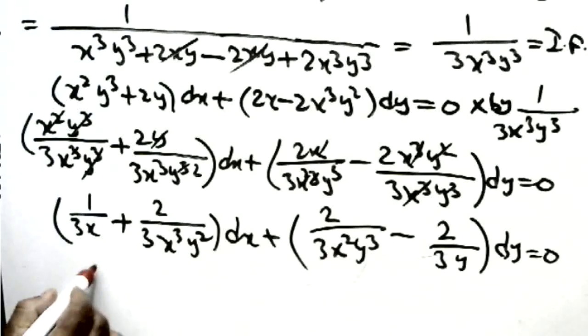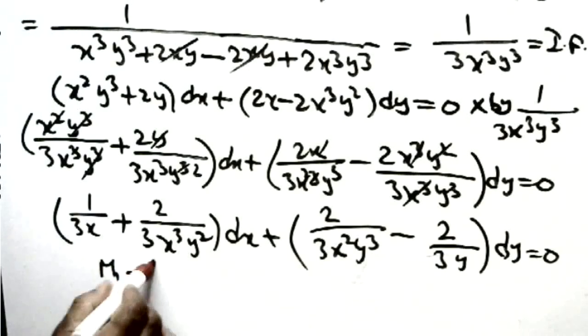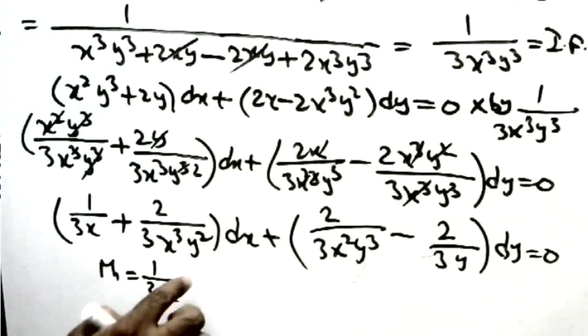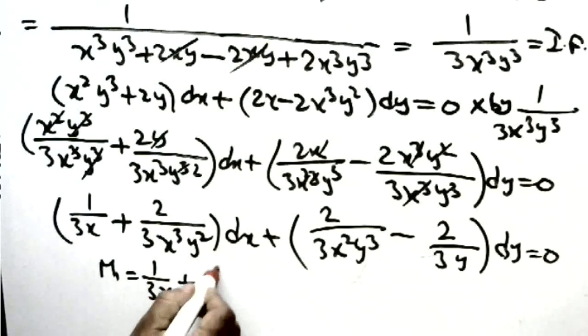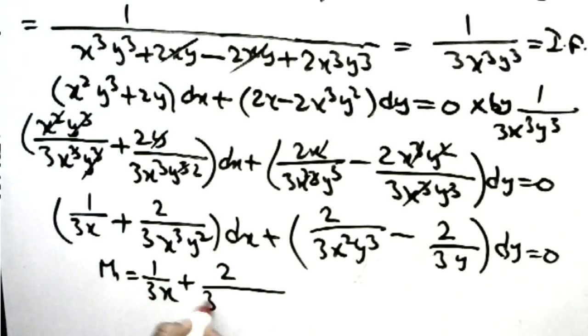Now let me suppose this is M1 and this is N1, so M1 equals 1 by 3x plus 2 divided by 3x cube y square.